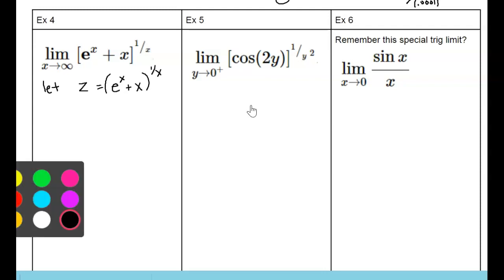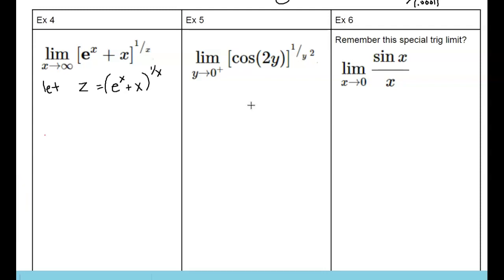As long as we take the log of both sides, we can do this because it's fair. So I'm going to take the natural log of z, and z can't be negative, so we're going to make this absolute value. And then natural log of this.